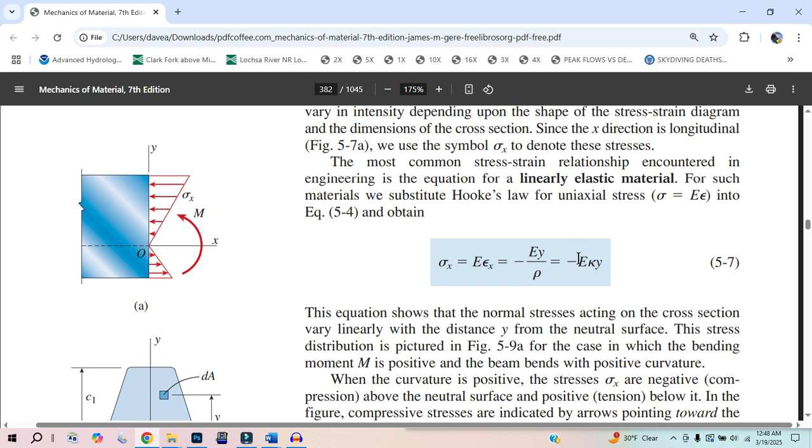So modulus of elasticity is just a constant number. This rho can be either positive or negative, depending on observation of this moment. So you do your moment diagram, figure out if this is a positive or negative number, and now you can go from there. So curvature, again, can be positive or negative.